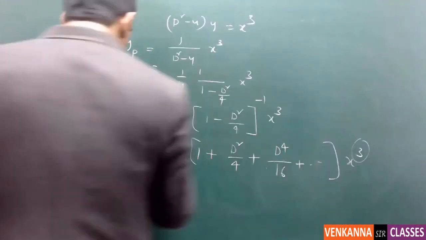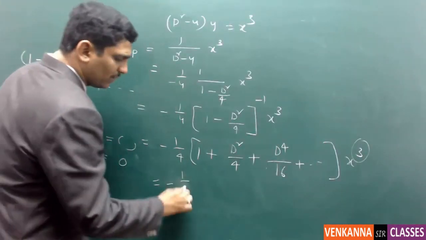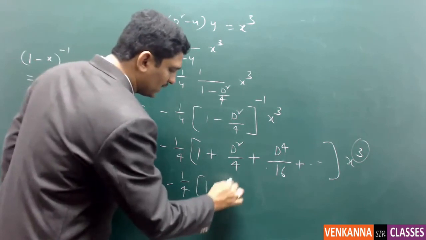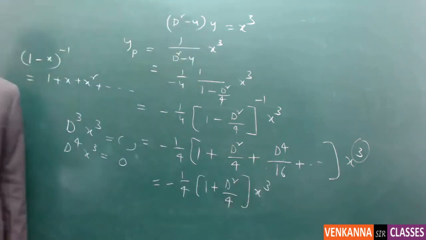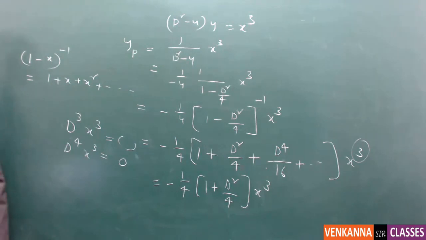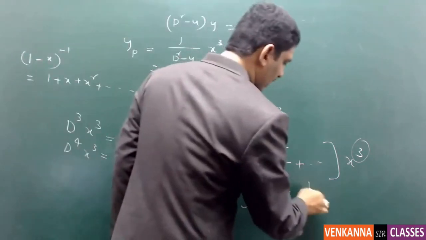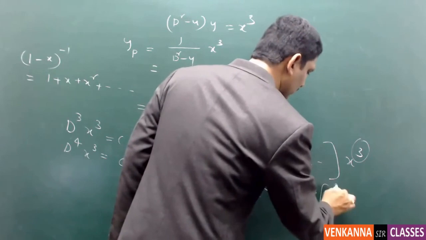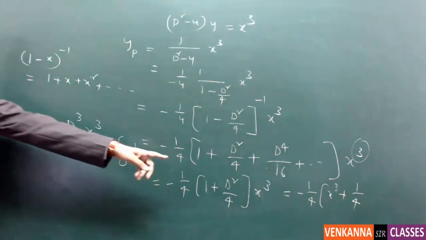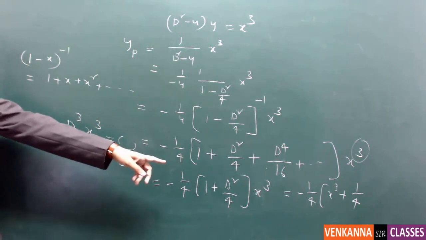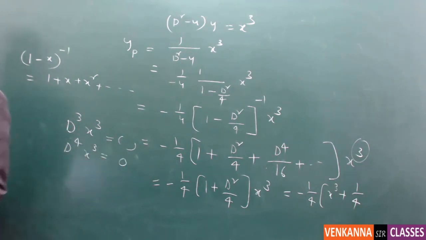So this is nothing but minus 1 by 4 of 1 plus d square by 4 of x cube. Now you apply that. It is equal to minus 1 by 4 of x cube plus 1 by 4 into d square, where d square stands for double differentiation. If you differentiate x cube one time, it is 3x square.